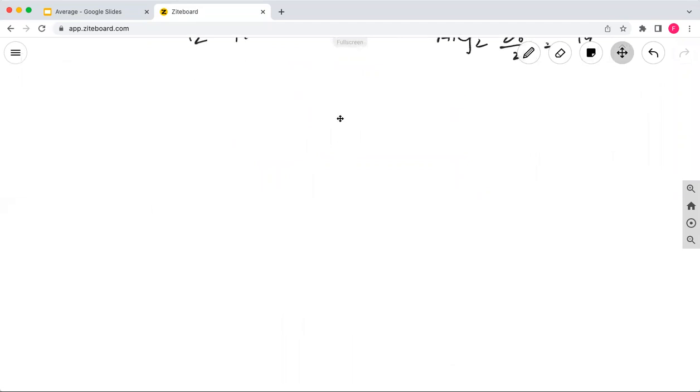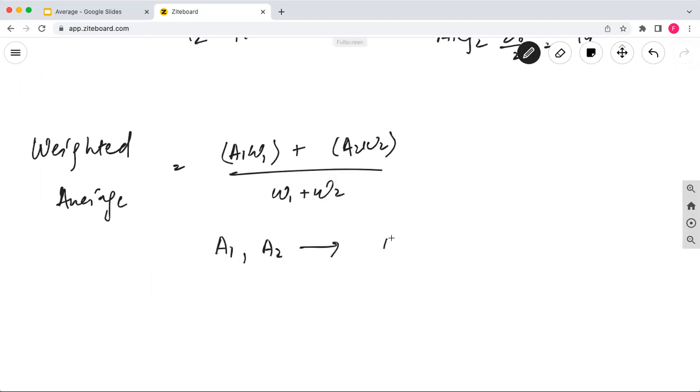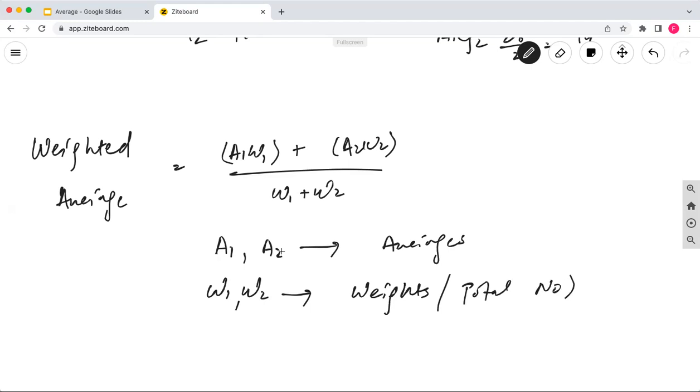And the overall formula for the weighted average is (A1 W1 plus A2 W2) divided by (W1 plus W2), where A1 and A2 are the averages and W1, W2 are the weights. You can call these weights the total number for each case. This is the formula for finding the weighted average.